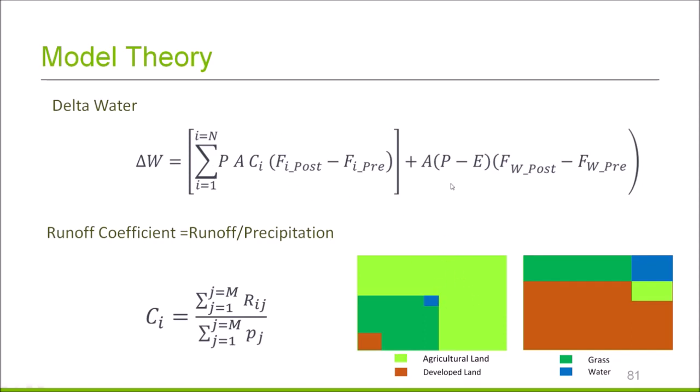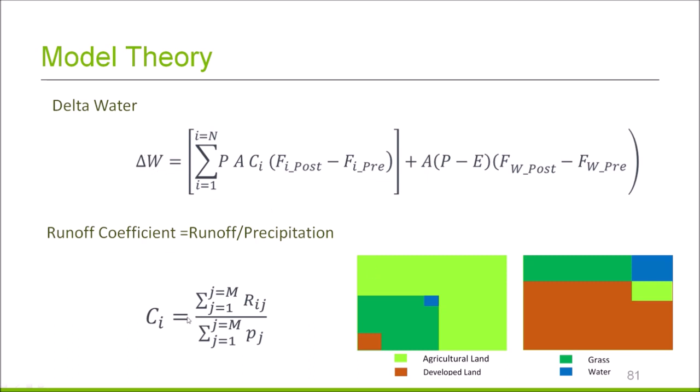But at the same time, you also have to consider that the evaporation from a water body is much higher than evapotranspiration from land. So we also have to be mindful that we need to estimate the lake evaporation for that area, and because in Alberta most of the time the precipitation is much less than the lake evaporation, you may end up with a negative number over here, and you also need how much the water area is being changed, so you need to consider that as well. But this formula will give you a sort of delta water.